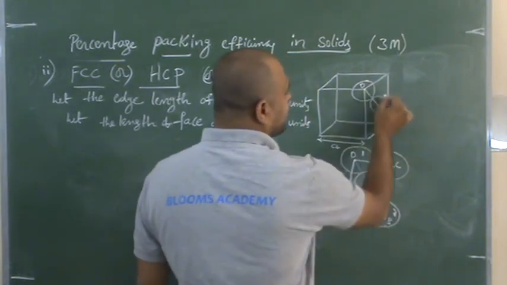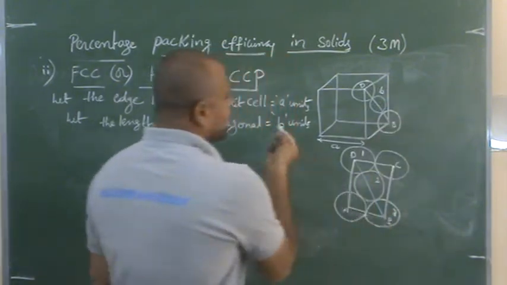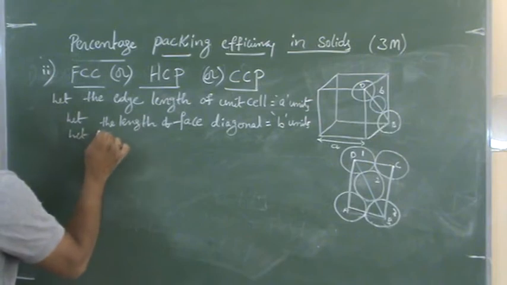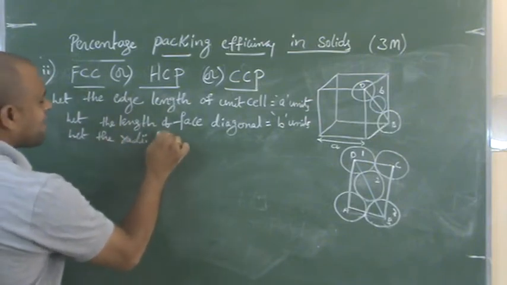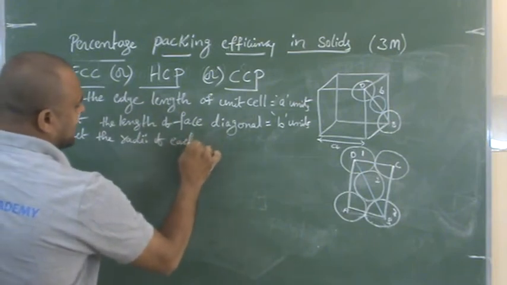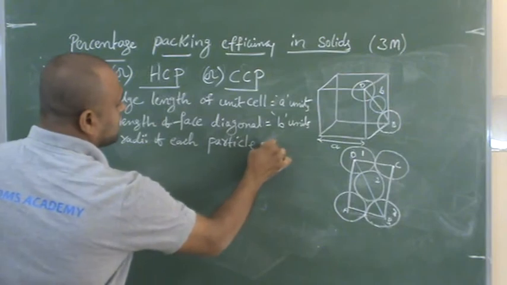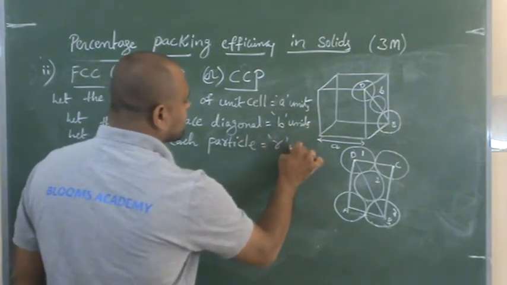Diagonal BD, I took it as b units. This BD is nothing but b units, right? Let the radius of each particle be how much? r units.